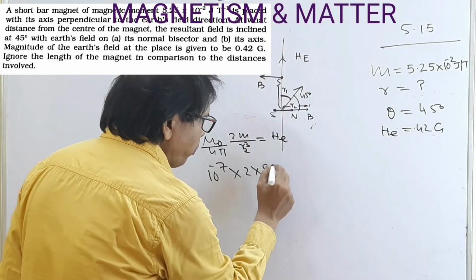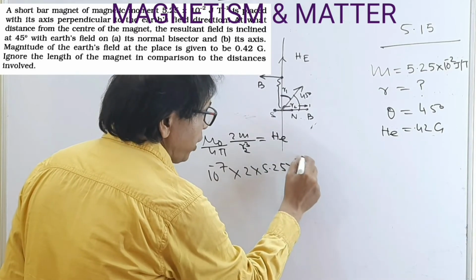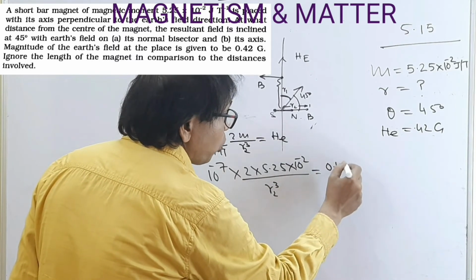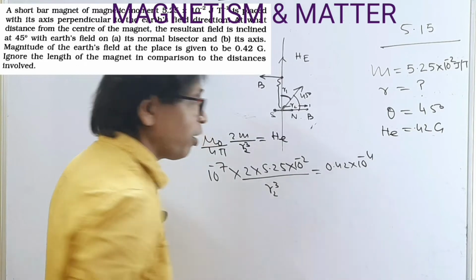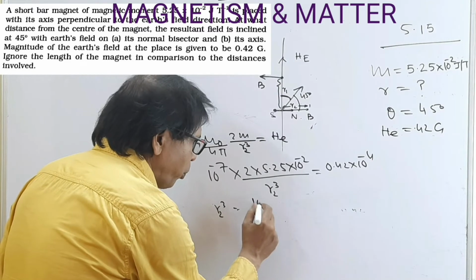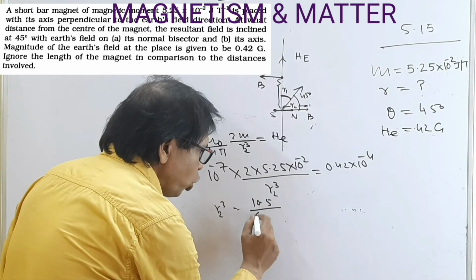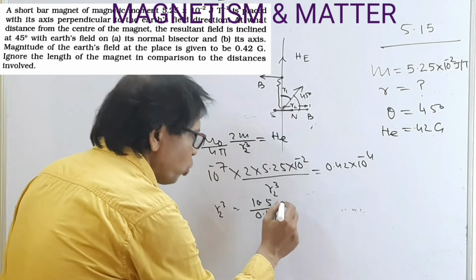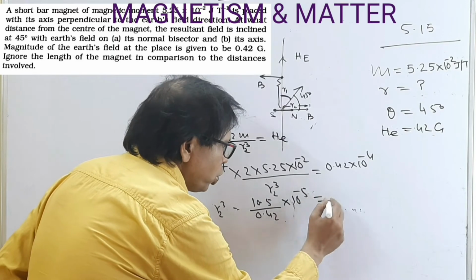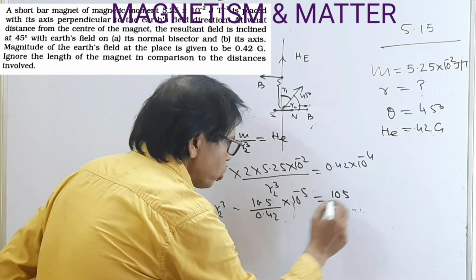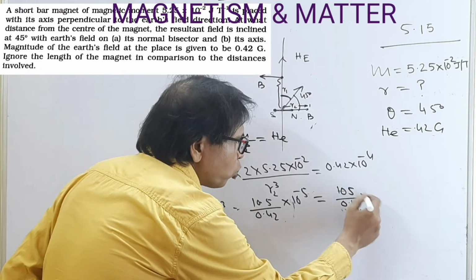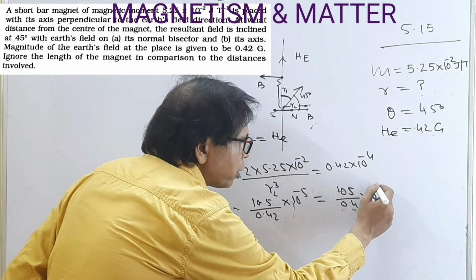m equals 5.25 into 10 to the power minus 2 divided by R2 cube is equal to 0.42 into 10 to the power minus 4. Okay, now R2 cube equals 105 divided by 0.42 into 10 to the power minus 6.